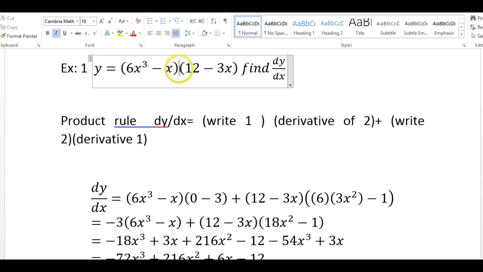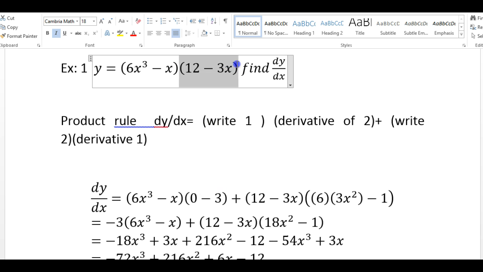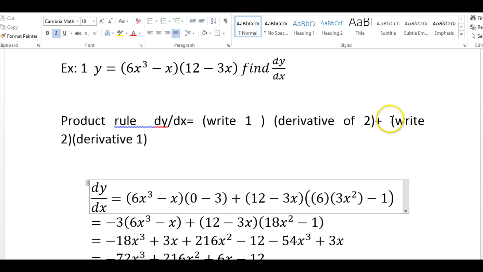The second piece is this one right here. If I want to differentiate this, what do I get? The derivative of 12 is 0, minus the derivative of 3x, which is 3. So this right here is the derivative of the second piece. Okay, plus write 2.